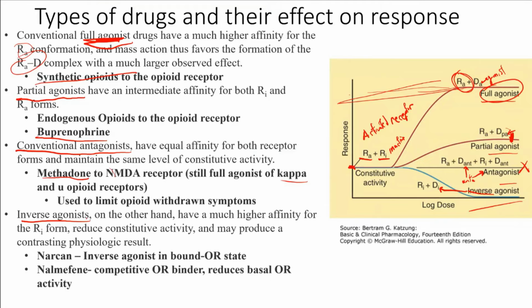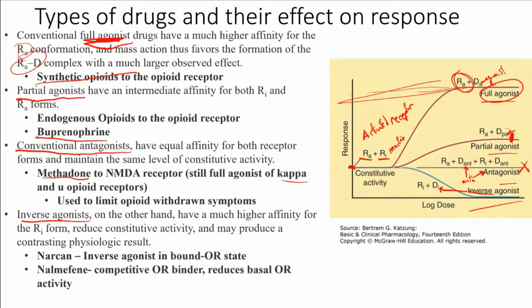I'm going to think of another example, because there aren't many examples of inverse agonists. So if you had cancer, there are two types of cancer drugs. There's one that could be an antagonist, which are conventional inhibitors. A conventional inhibitor will stop the tumor from growing, right?